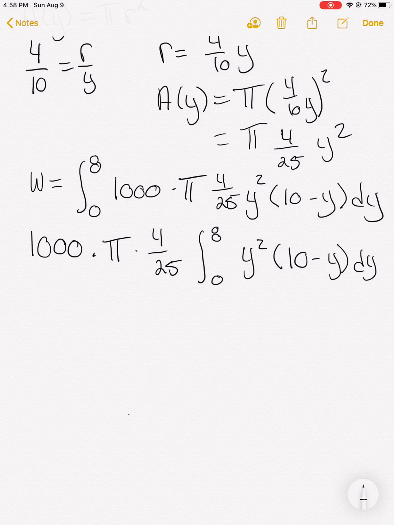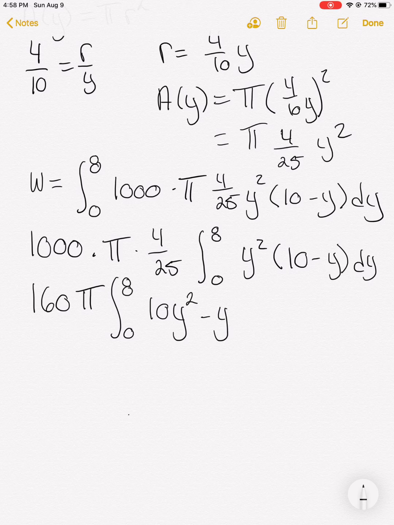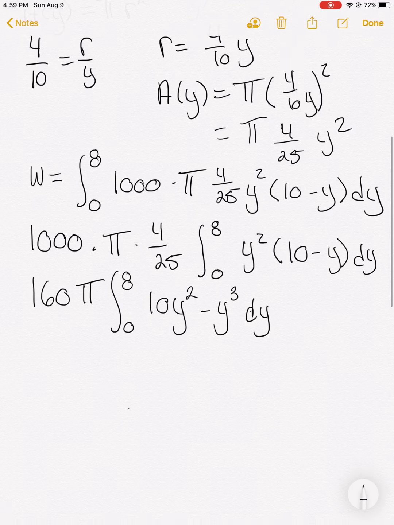Now it's time to both simplify this and distribute it. So 160 pi, that is evaluated from 0 to 8, and then on this side is times everything. So 10 y squared minus y cubed dy.